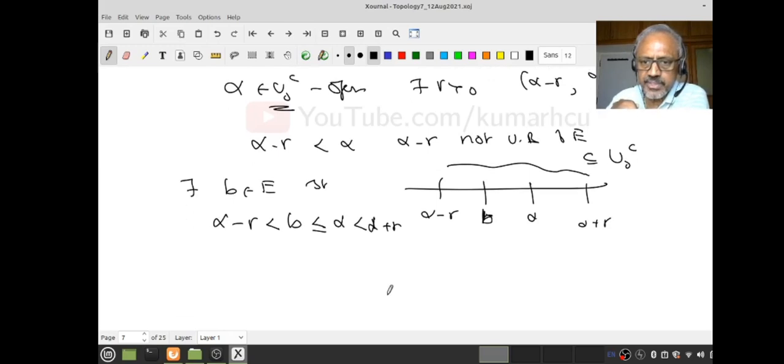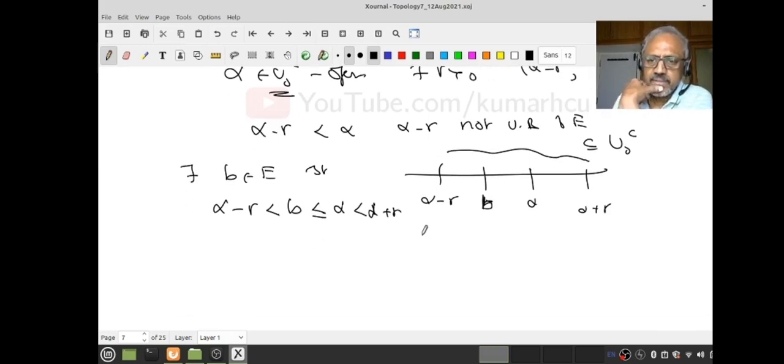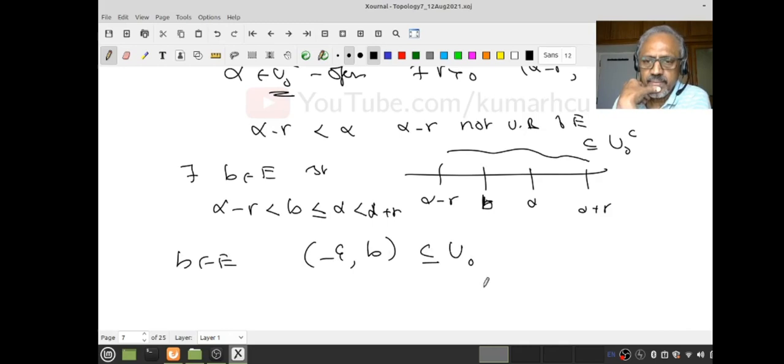How many of you see a contradiction? Since B belongs to E, what do I know? Minus epsilon to B is a subset of u naught. You follow that?